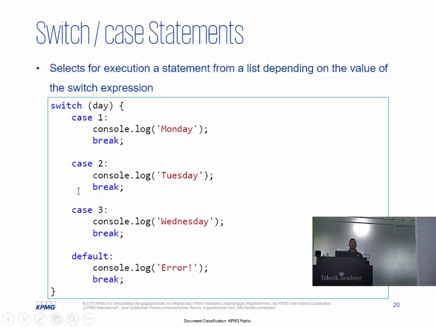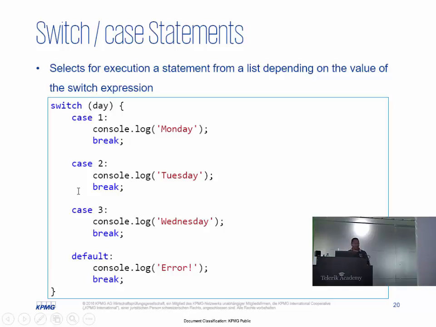Suppose you have some statement, some expression you want to check. You can put it in a switch, and then we have a whole block of cases. We are just checking if this expression is equal to one of those cases.